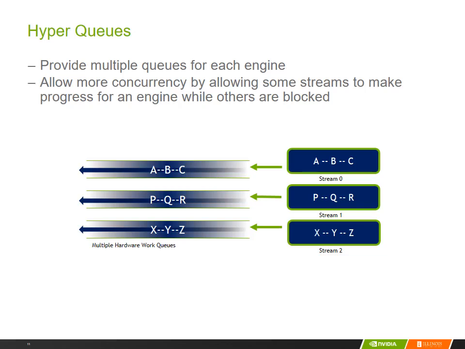This allows much more concurrency by allowing some streams to make progress for an engine where others are blocked, and avoids the blockage of operations from one stream by operations in another stream.